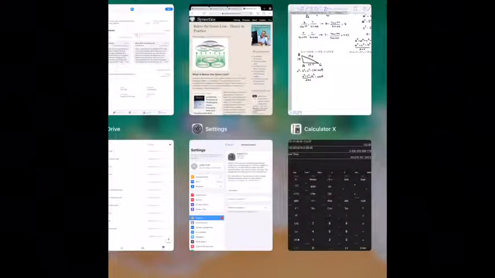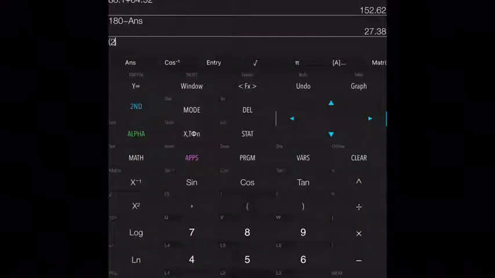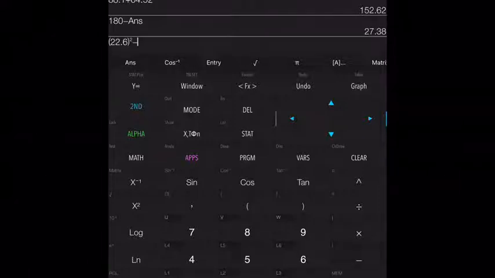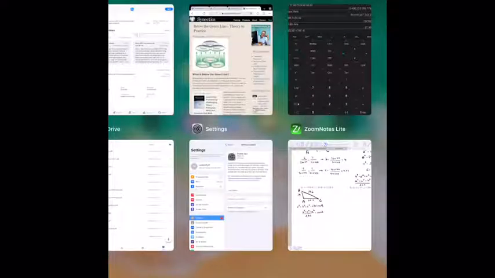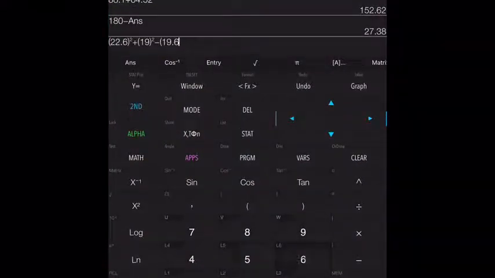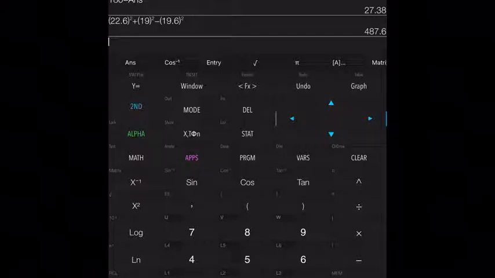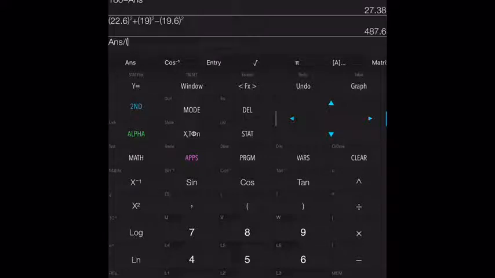So pretty much a calculator problem here. We're going to have b squared plus c squared. So b is 22.6 and c is 19. So 22.6 squared plus 19 squared, and then we subtract a squared, and a was 19.6. And then we divide that whole thing by 2bc, and since we're dividing by multiple terms, I'm going to put the whole thing in parentheses.